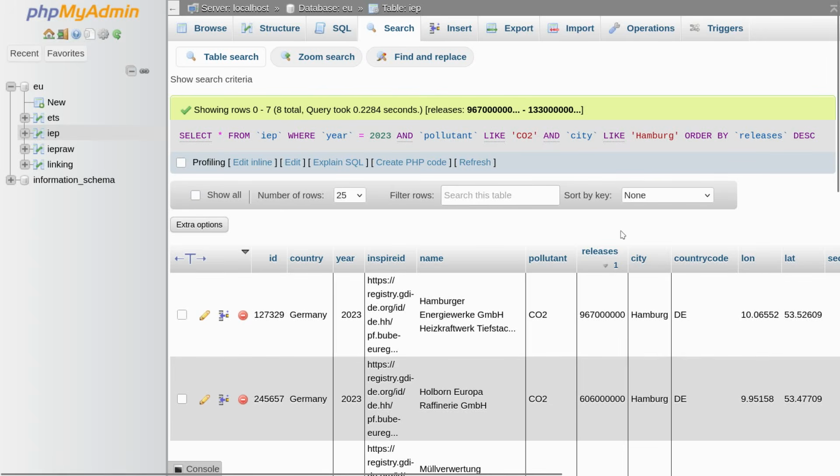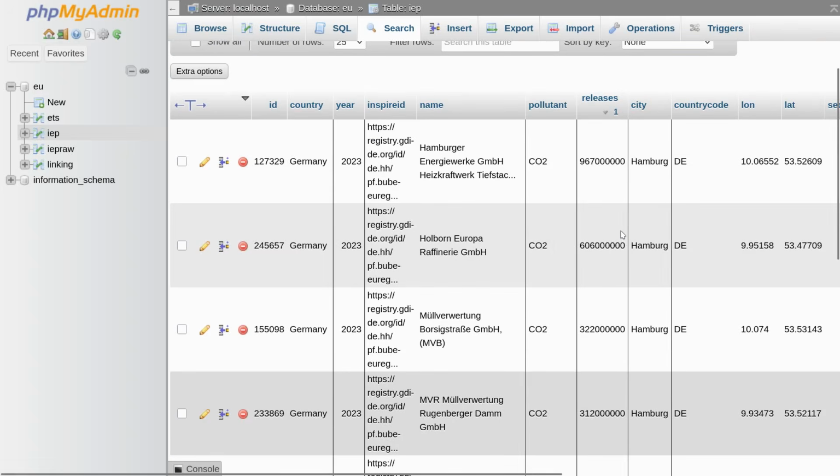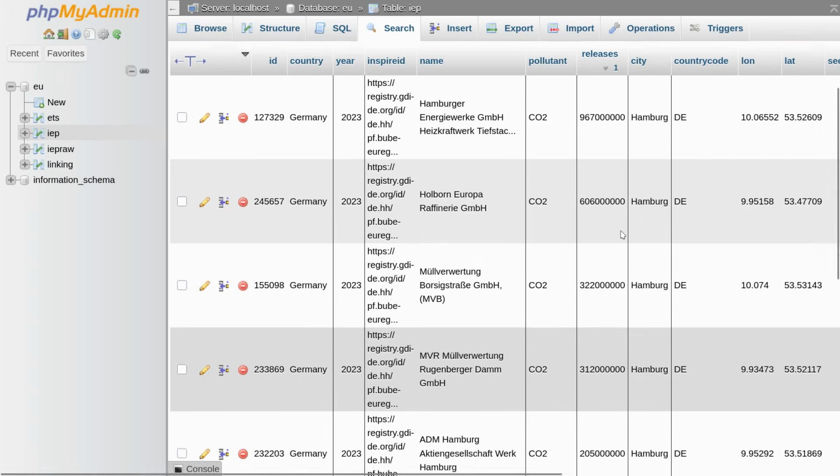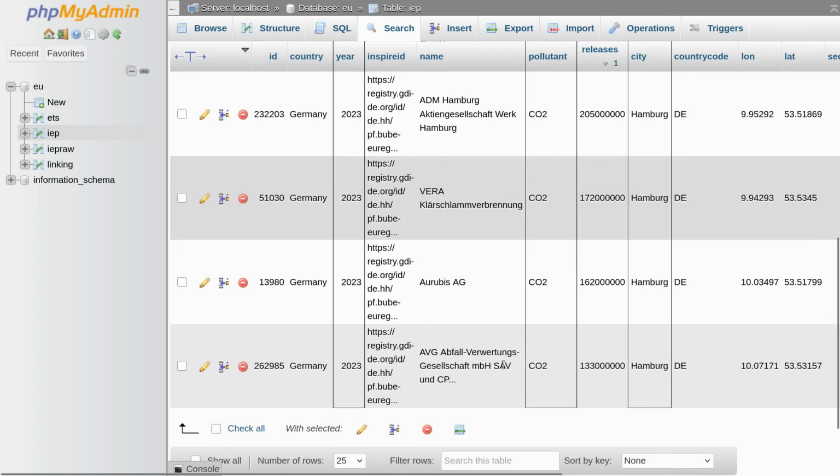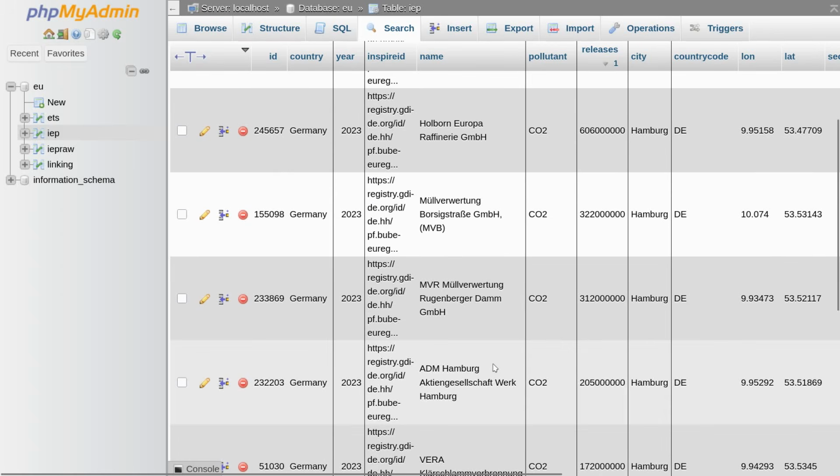It's already sorted here. So we can see, as I told you earlier, the power plant Hamburg-Tiefstack is the largest CO2 emission source in Hamburg. Then the next one is a refinery. Then there are 2 waste incinerators, and there's another waste incinerator and another one. That's maybe interesting.